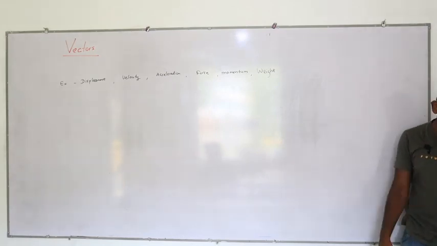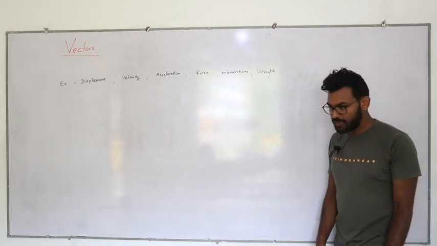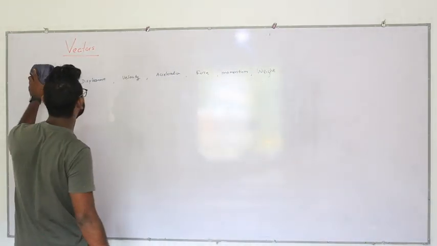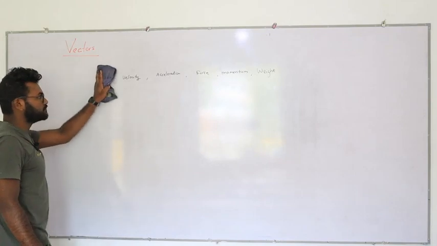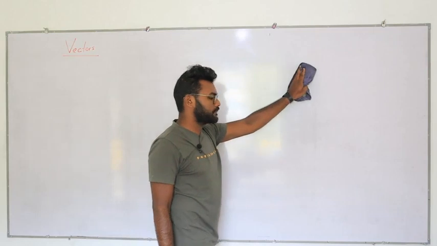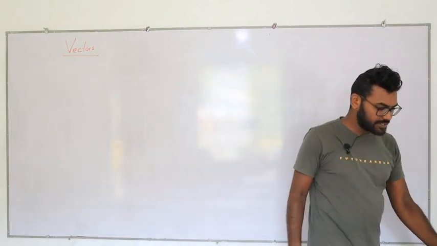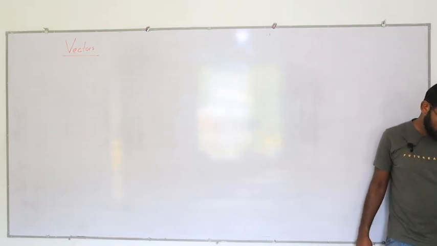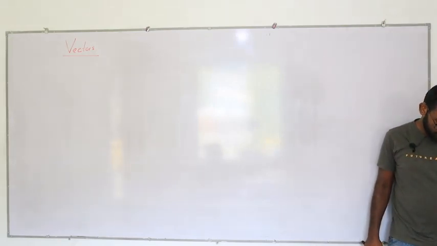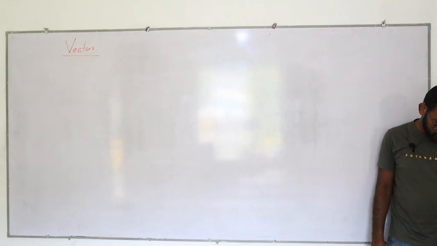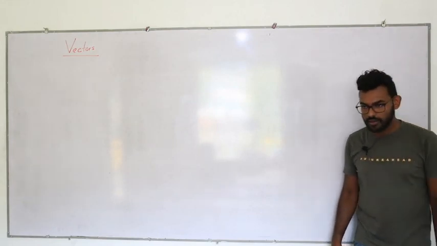Okay, then let's try the subtopic geometric representation of a vector. We'll write like this.